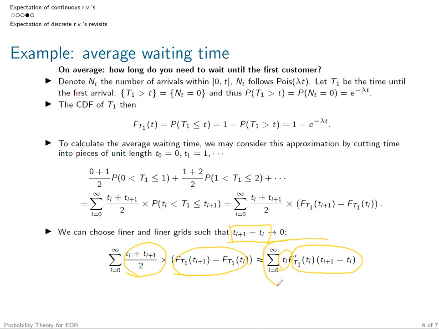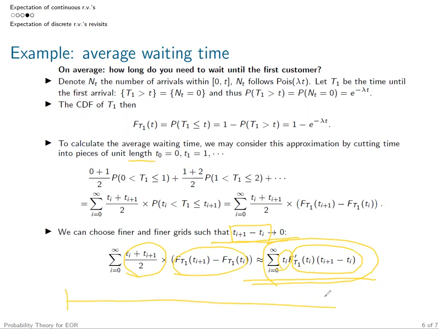So we have an additional approximation, and this approximation is closer and closer to the average value of the waiting time, as long as we choose a smaller and smaller length of the time interval.